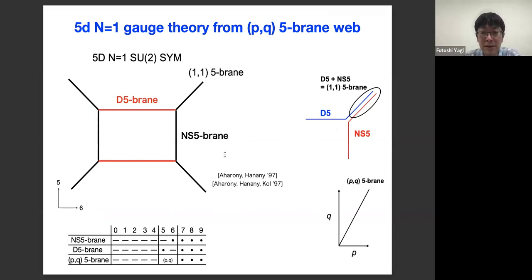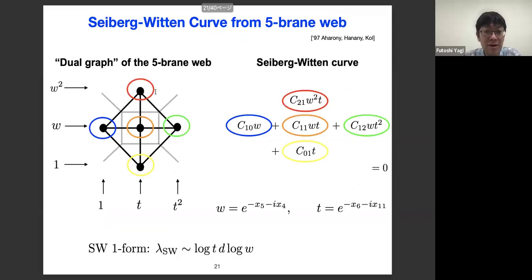And based on this 5-brane web, we can take the dual graph. Dual graph means a face corresponds to a vertex and an edge corresponds to an orthogonal edge and so on. And each vertex corresponds to a monomial inside the Seiberg-Witten curve. And this is how we can practically construct the Seiberg-Witten curve.